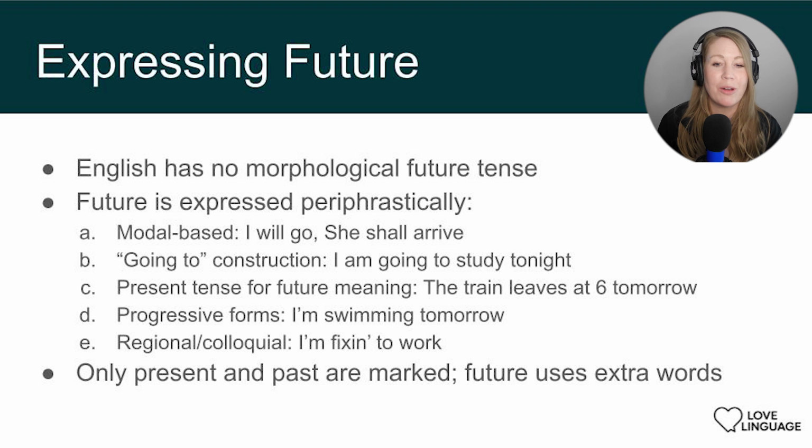Fourth, we can use progressive forms. For example, I'm swimming tomorrow. And finally, there are the regional or colloquial forms like I'm fixin' to work. So in simple terms, English verbs only have present and past forms. The future is always created indirectly by adding extra words like will or going to, or even using the present tense to point to the future.